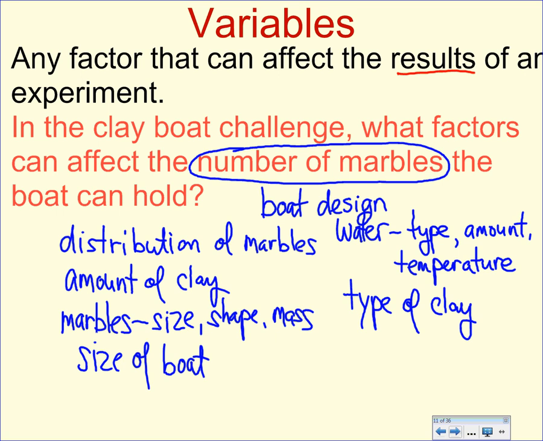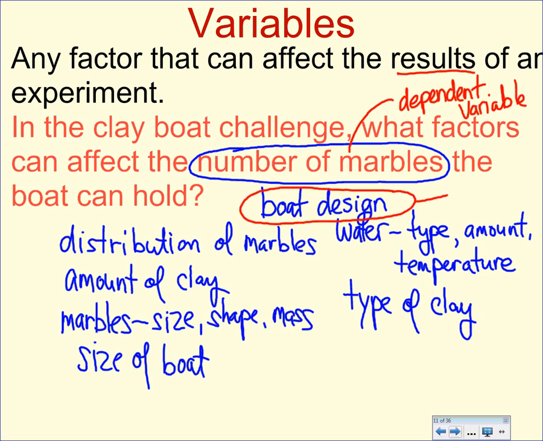So, we've got the number of marbles. That is the dependent variable. We'll talk about this in a minute. The independent variable that we studied, the independent variable is the boat design.